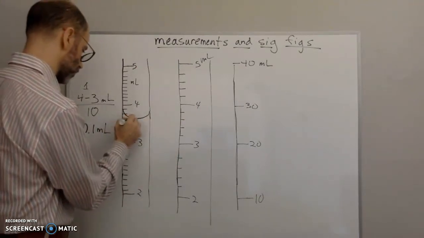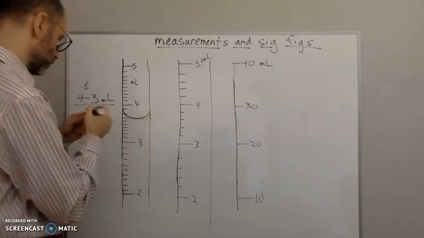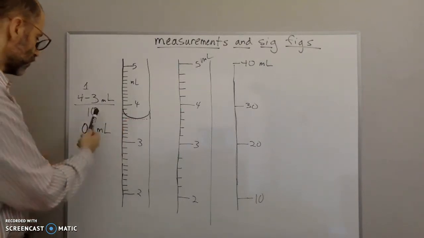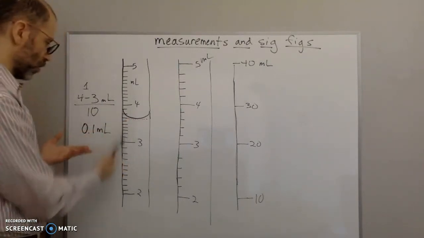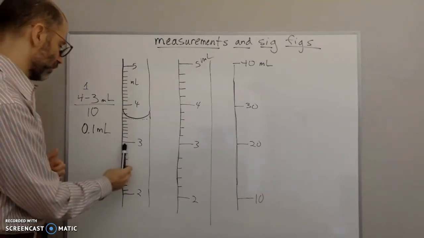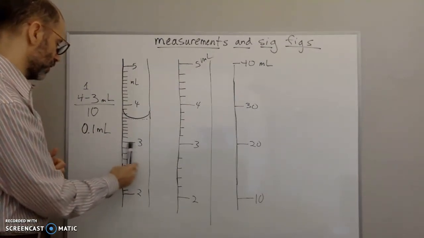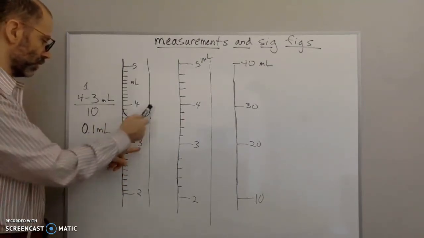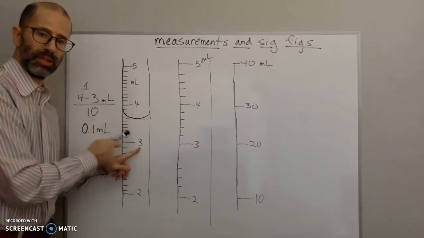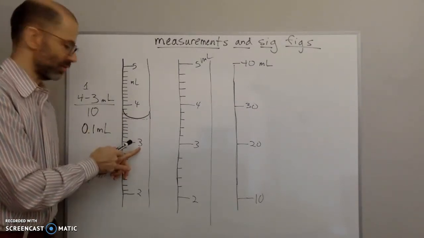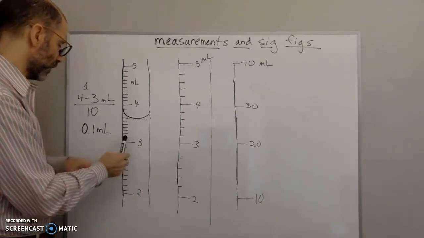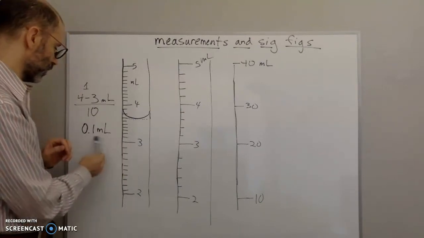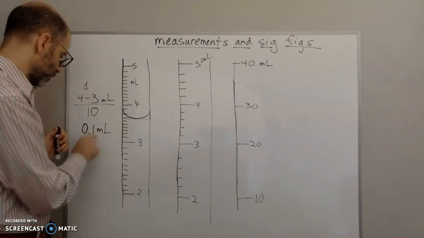And so, here's my meniscus, and I want to read what this is. If it's 3 here, that I know for sure. It's way above the 3, so I know it's 3 milliliters at least. So that is certain. That is known. And now I can figure out to what tenth I know for sure here.